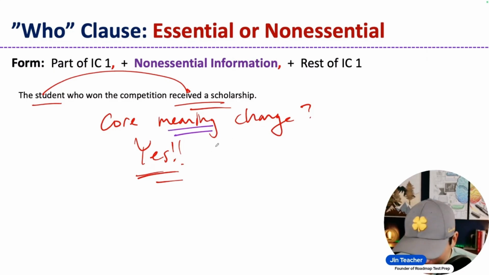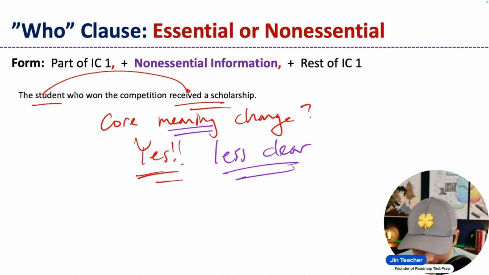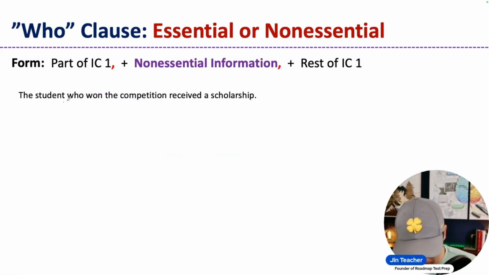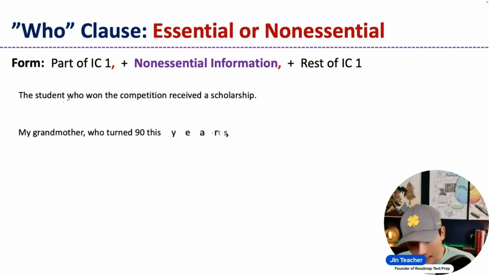Why? Because it becomes less clear when we take out that information, right? So that's how you know that this information is essential. You need it because the core meaning is going to change. It becomes less clear when we take it out, right? If we treat it like it's non-essential. So this is why we want to treat this like it's essential information and don't put commas around it, okay? What about this sentence here?